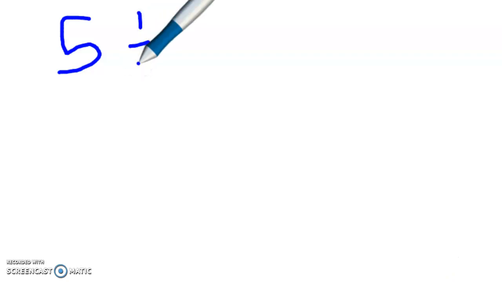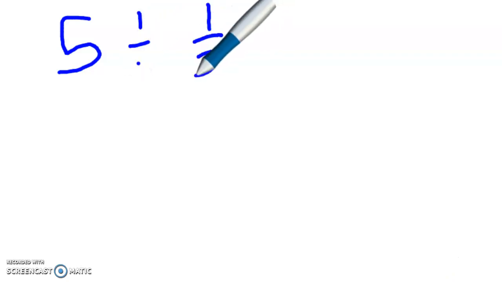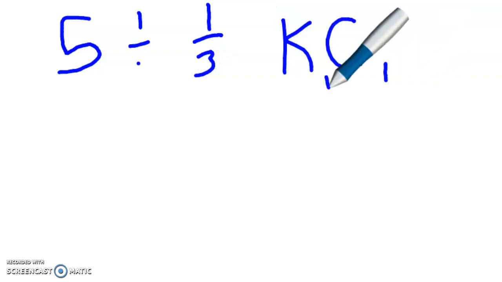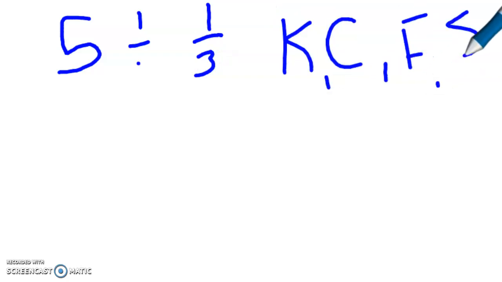And so what we're going to do is we're going to do 5 wholes. Actually, you know what? Let me do it for you this way first. Oh, I'll finish writing it and then I'll do it the other way. 5 divided by 1/3. And again, we're going to keep, change, flip, and simplify. So our 5 becomes 5/1.